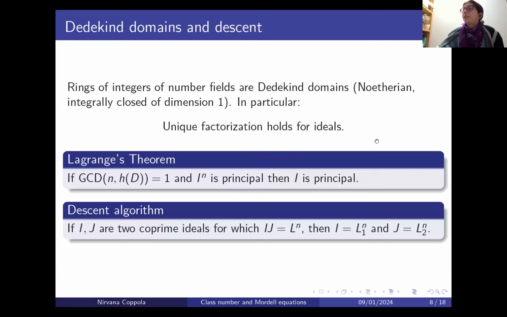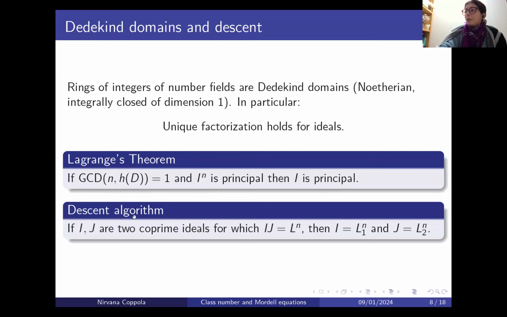And the ingredients necessary for essentially the complicated step in the proof sketch are these two blocks here. One is this theorem due to Lagrange that says that if this number here, which we would like to be able to compute, the class number of T, which essentially tells us how far an ideal is from being principal in a given ring, is coprime to a certain exponent n, then I to the n is principal if and only if I is principal.